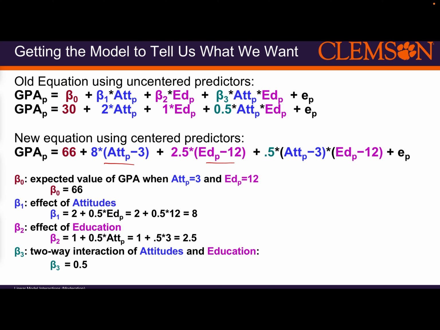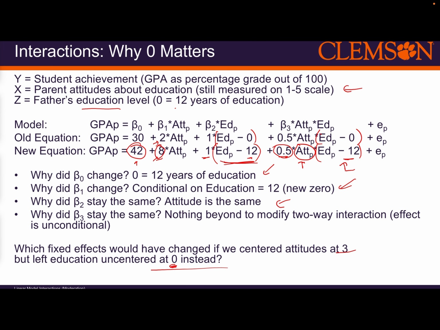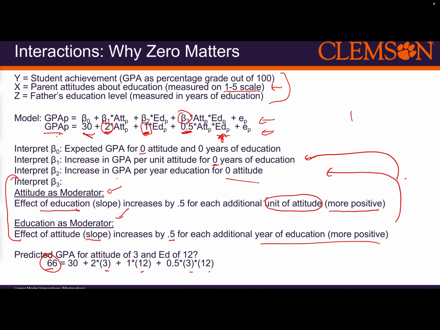When we do that, the conditional main effect of attitude, the centered attitude, is 8. We saw that previously. The centered main effect of education is now 2.5. And the interaction term is 0.5. It's unchanged. The new intercept, though, is 66. And you might note 66 was the value we got for the expected GPA when we just plug those in uncentered.